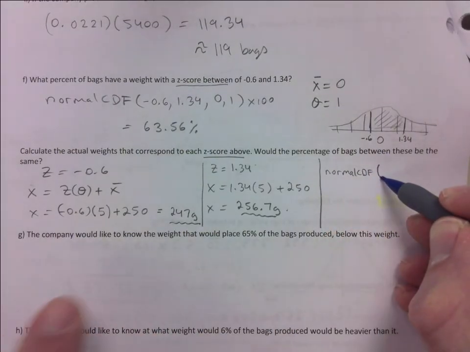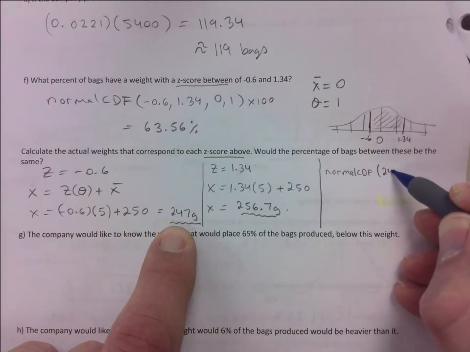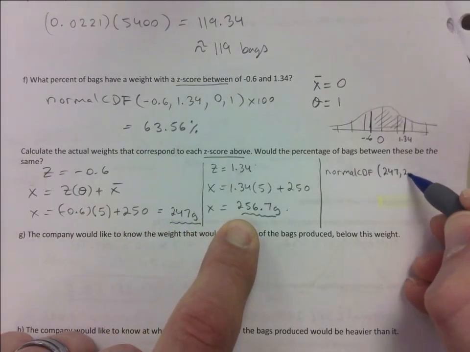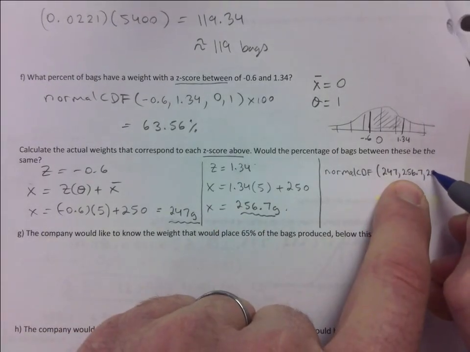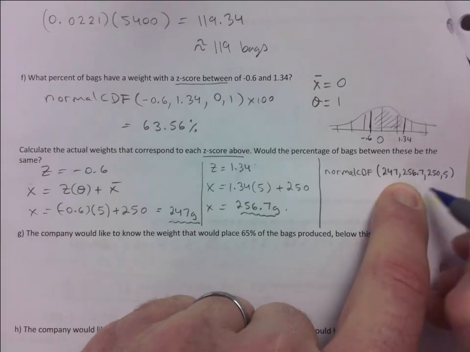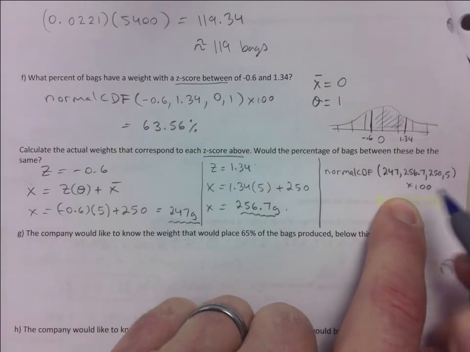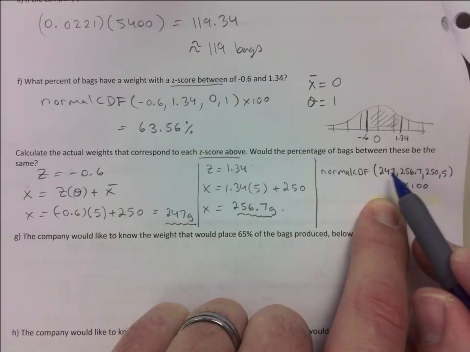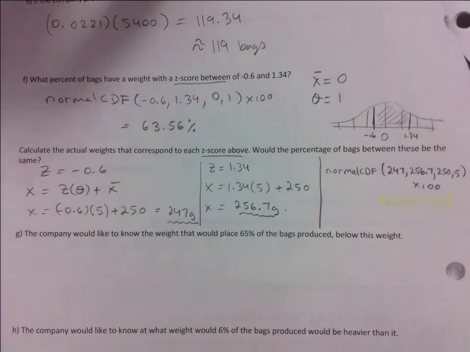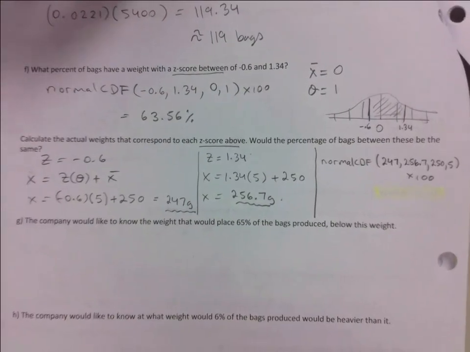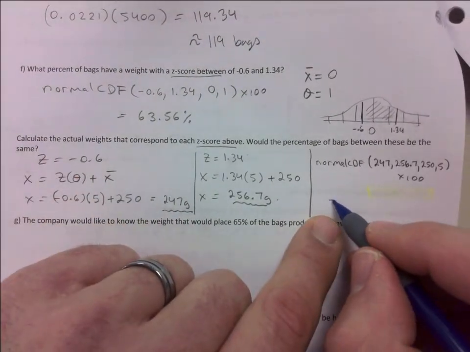Okay, back to this. If I were to go 247 to 256.7, now I have to use the mean and the standard deviation of the question, because I'm not using z-scores, I'm using the actual weights, right? I'm just going to give you the answer.